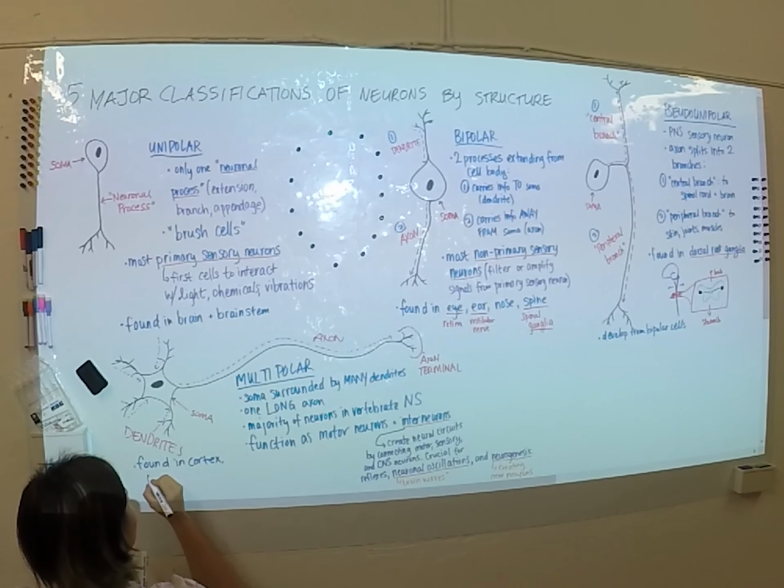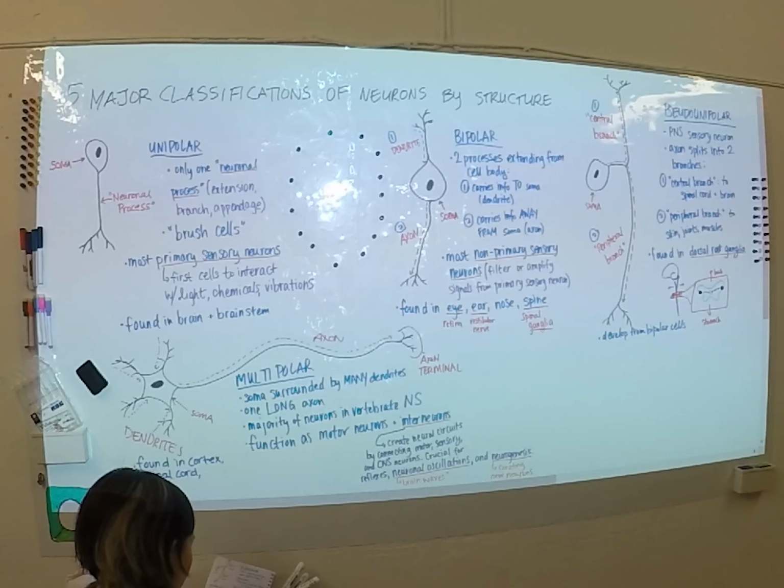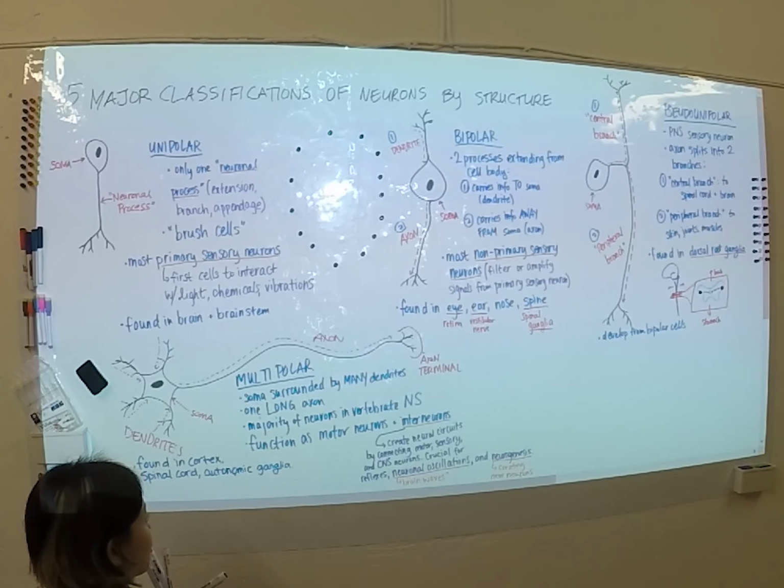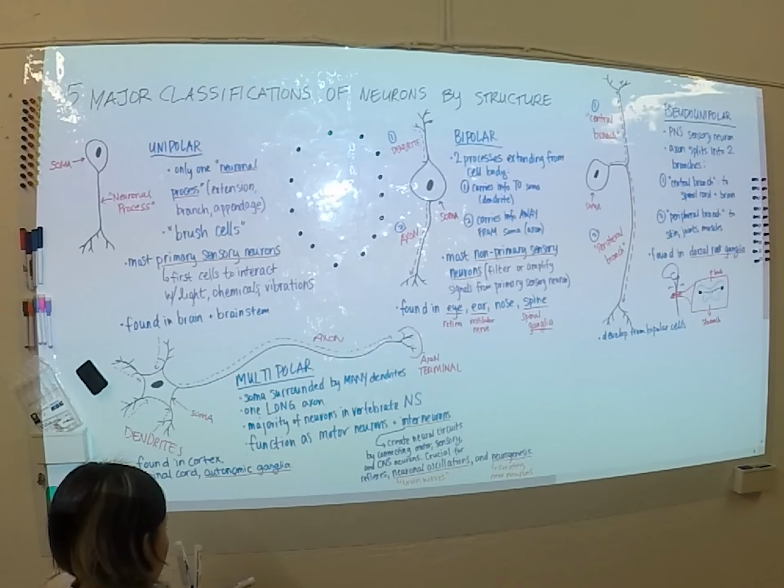They're found in your spinal cord. And they are found in autonomic ganglia. Okay, so we're familiar with the term ganglia, but autonomic is new. So we're going to define this.